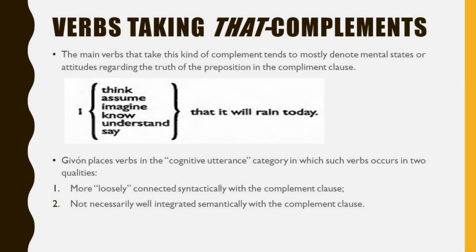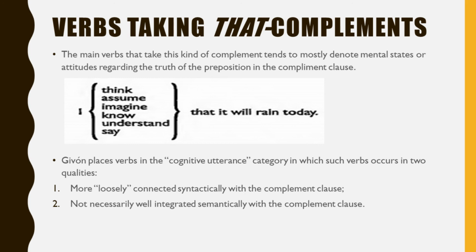The next one is the verbs taking that complements. The main verbs that take ordinary tense that complements tend mostly to denote mental states or attitudes regarding the truth of the proposition in the complement clause. Thus to say that the example is to say something about the nature of the particular belief, its relative strength among other things.